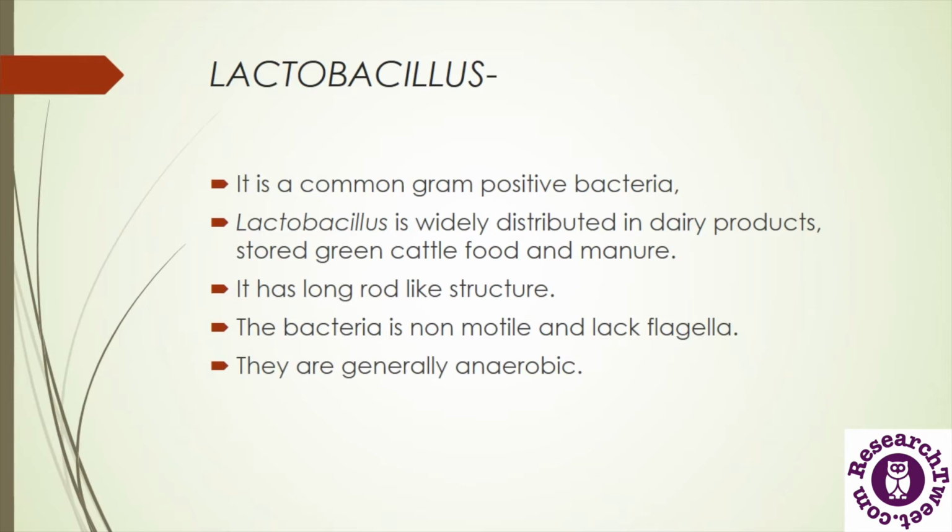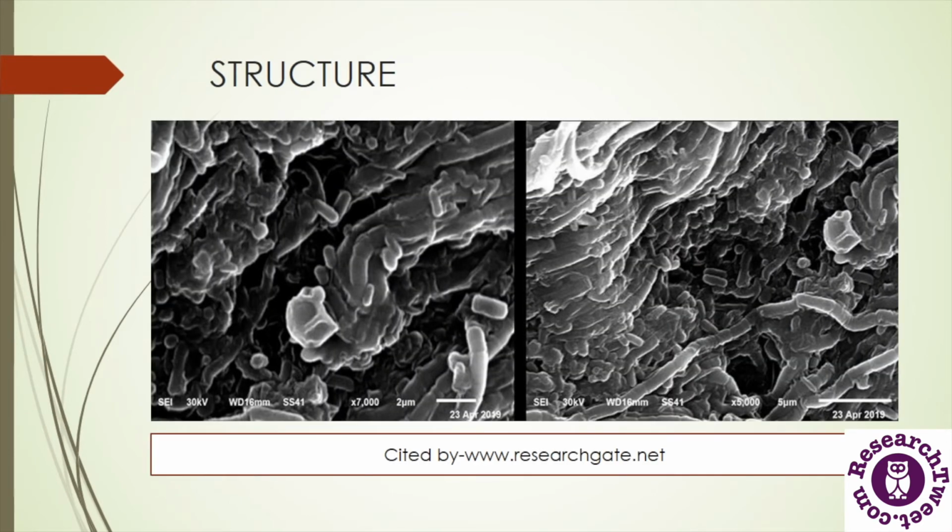The bacteria can live without oxygen, so it is a type of anaerobic bacteria. Now this is the diagram we can see. Here we can see the microscopic photograph of Lactobacillus having rod-like structures. In this picture we can see numerous rod-like structures resembling the structure of Lactobacillus.